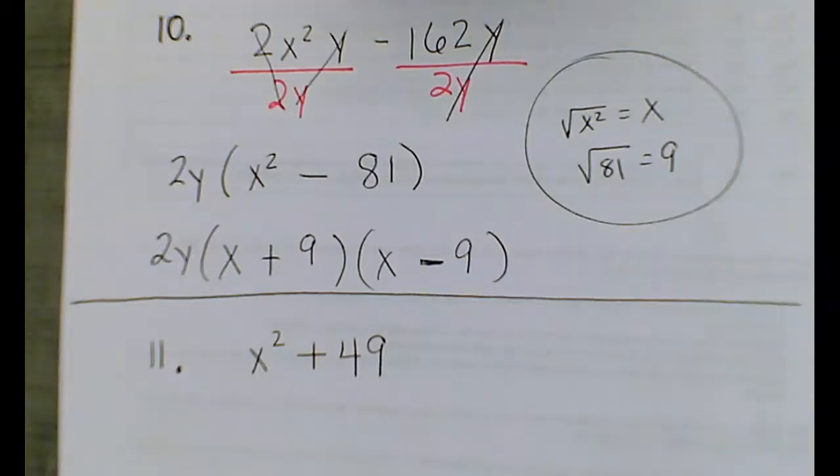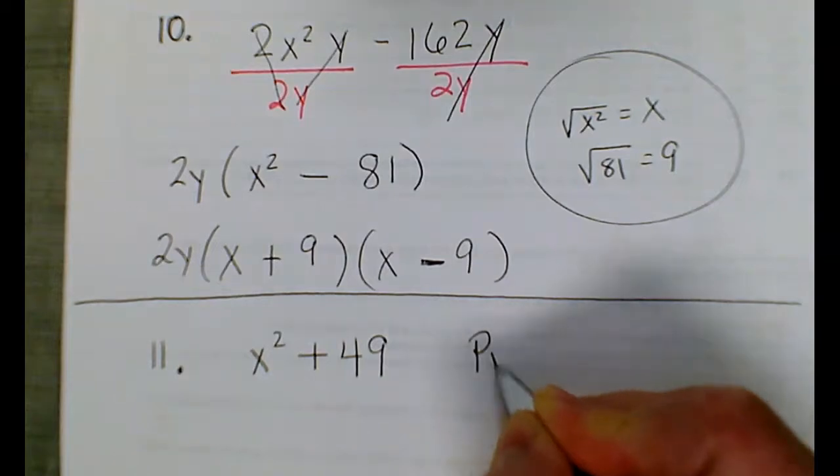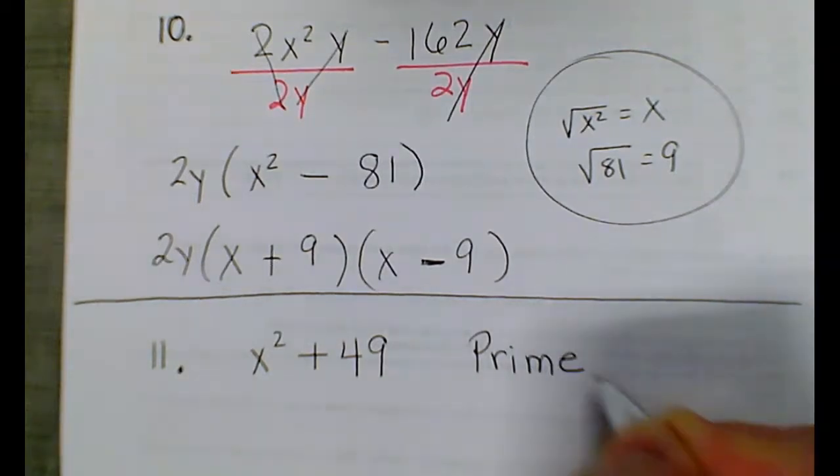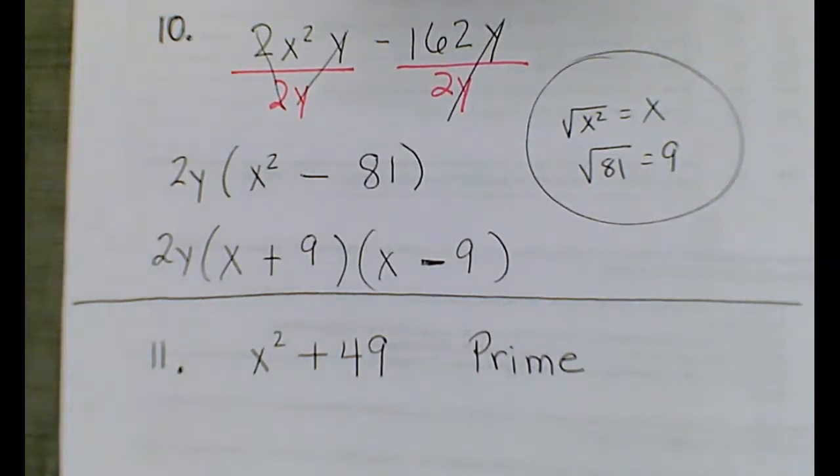The only GCF there is GCF of 1. When you divide by 1, it doesn't change anything. Do you remember the name of something that can only be divided by itself and 1? Have you heard of that word before? Prime is a number that can only be divided by itself and 1.